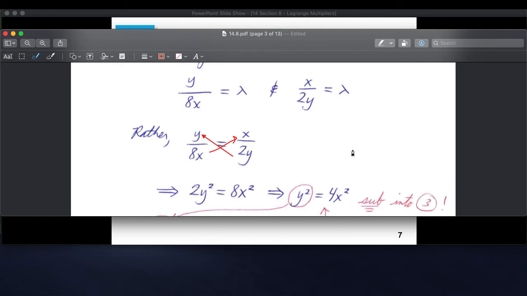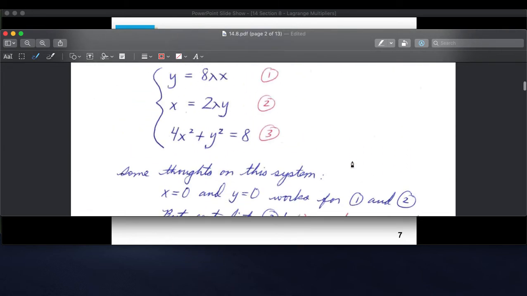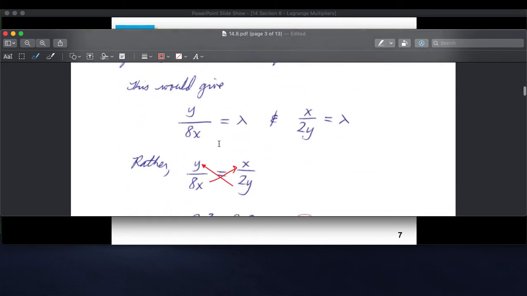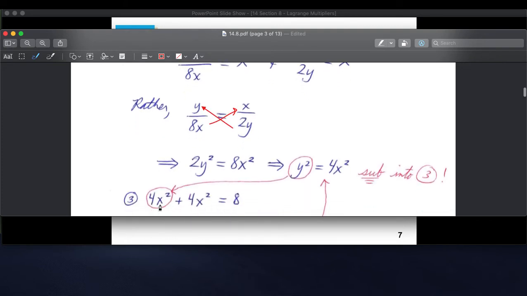Well, what if instead of taking the square root on both sides, I just go ahead and substitute that into equation 3. Notice, look at equation 3 here. Equation 3 has both 4x squared and y squared. So what if I just go ahead and substitute y squared with its own 4x squared? Substituting this into equation 3 essentially gives me 4x squared plus 4x squared equals 8.